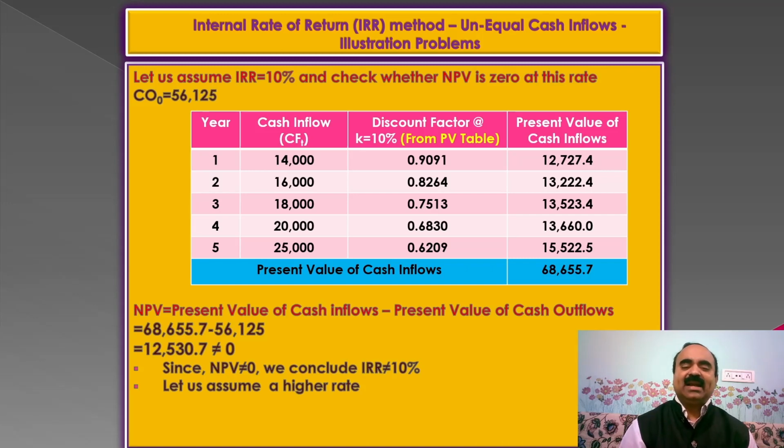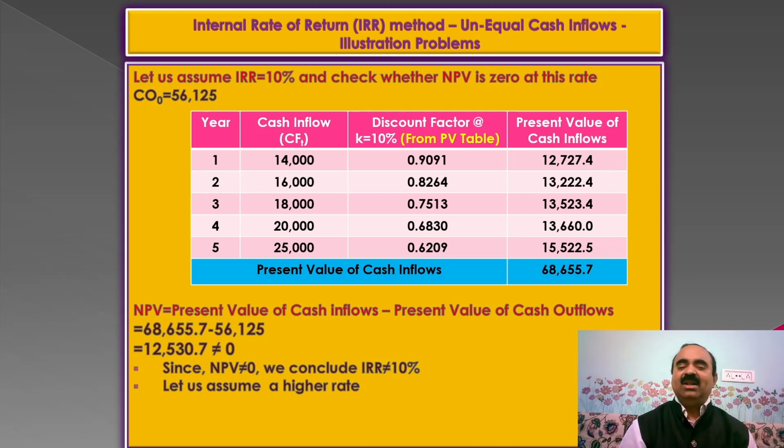Similarly, in the second year, I multiplied 16,000 with 0.8264 and derived the value of 13,222.4. That's how I got values of 13,523.4 for the year 3, 13,660 for the year 4, 15,522.5 for the year 5.